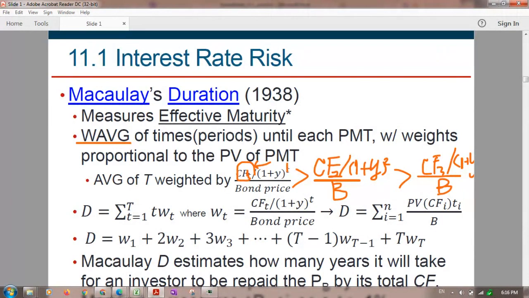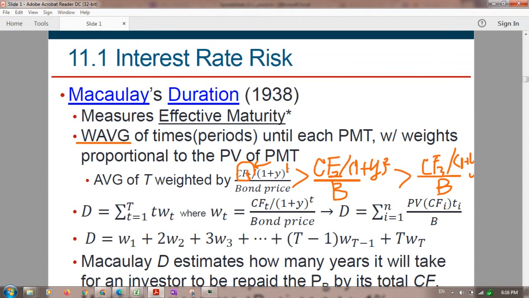That means you don't need to wait 10 years to fully recover your initial investment, because a big chunk of the present value stems from the earlier coupon payments.